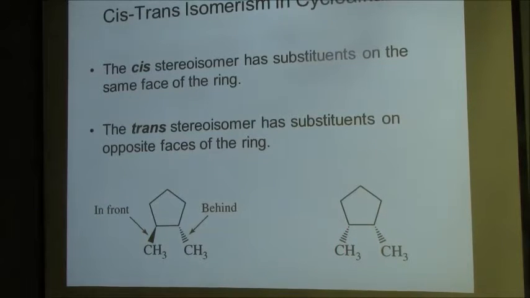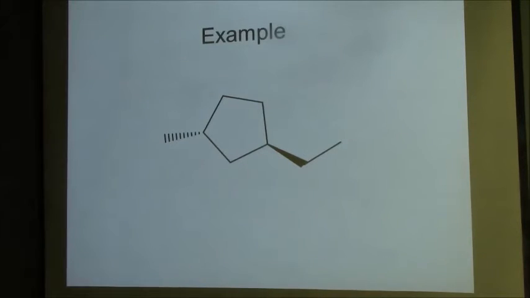Now you can only see cis-trans isomerism if it's drawn in such a way that shows it. If I don't give you a drawing that has wedges and dashes, you won't have any way of knowing. So you can only do this if the molecule is drawn in such a way that you can see wedges or dashes. So here's an example. One of them is a dash, one of them is a wedge, so this one must be the trans isomer.